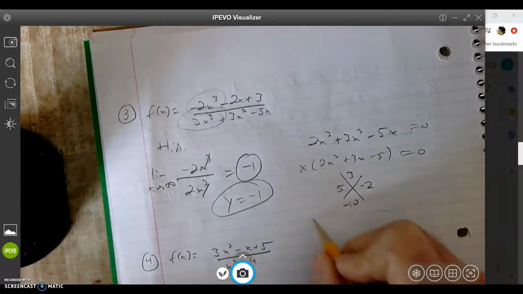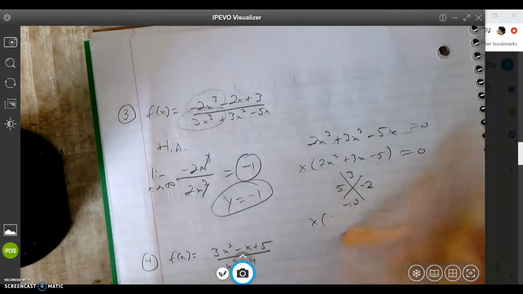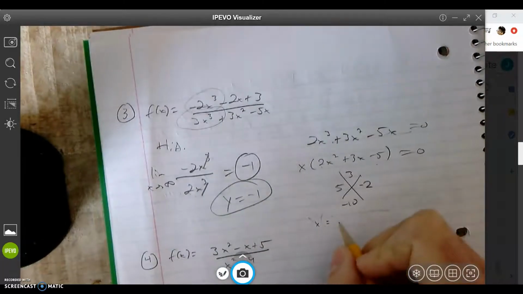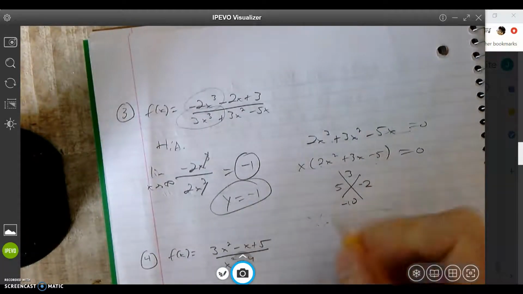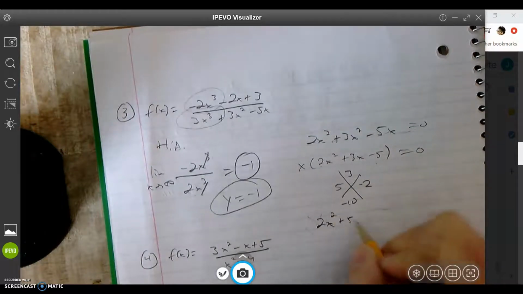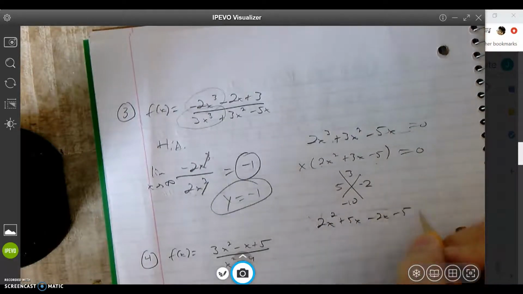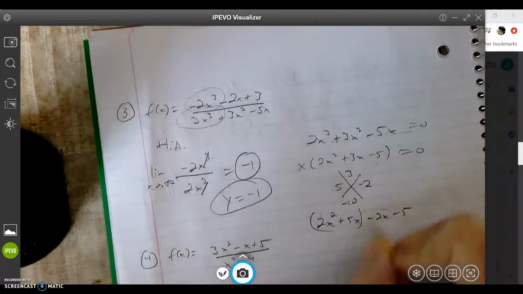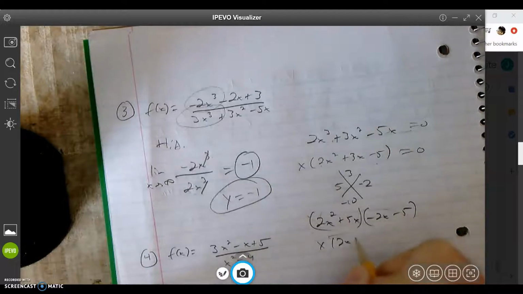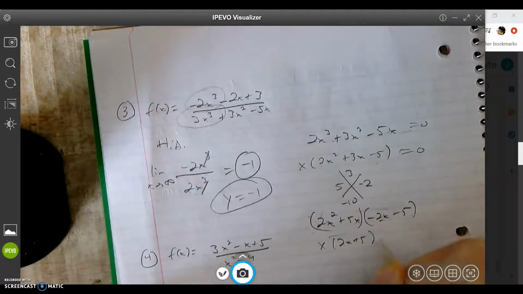There we go. So I have 2x squared plus 5x minus 2x minus 5. What can I factor out of here? Yeah, an x. What can I factor out of here? Yeah, negative 1.